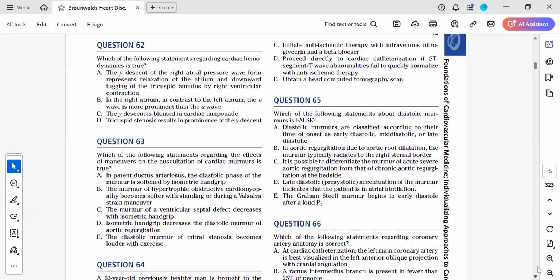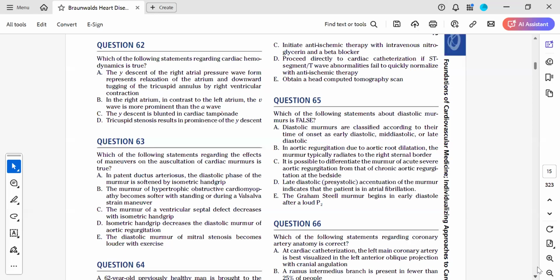So that causes a transient increase in pressure in the atrium and gives the C wave. Further atrial relaxation and the tugging of the tricuspid valve downward gives the X prime.